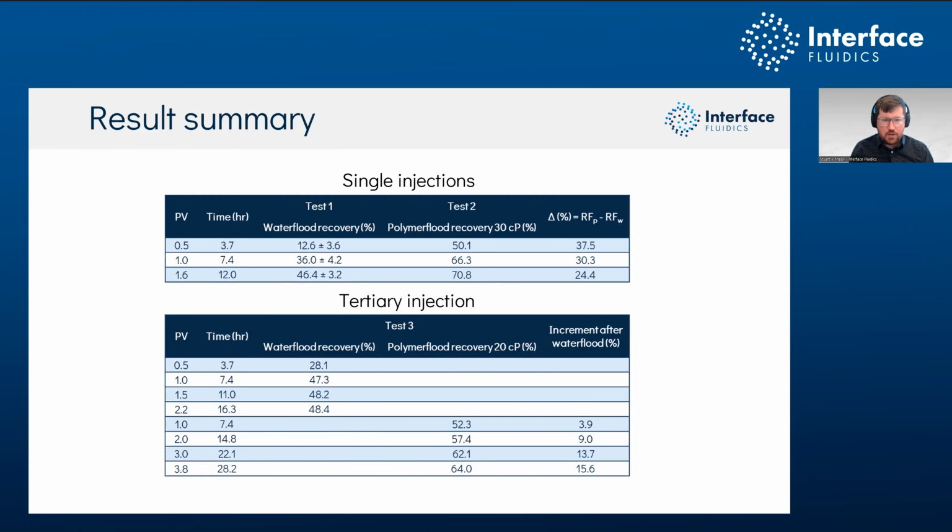So our increased recovery from adding a polymer flood after a water flood was approximately 30% recovery factor increase, but had some variability based on time and pore volumes injected, as well as the initial saturation at the start of each section. When we look at the tertiary injection mode, again, the incremental production is lower, but that's to be expected.